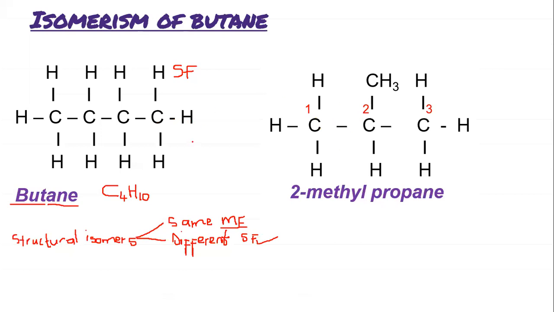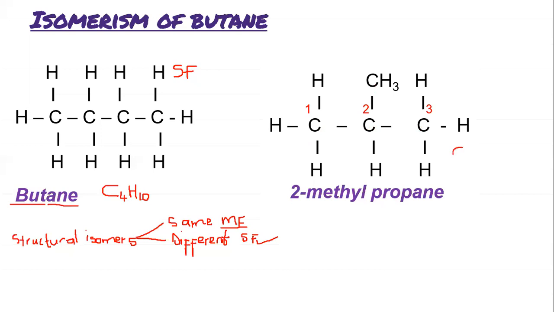I then check the second condition, which is if the molecular formula is the same. For the molecular formula, remember, I just have to count how many of each atom are present in this particular molecule. So in this molecule, you can definitely see that I have 1, 2, 3, 4 carbons.